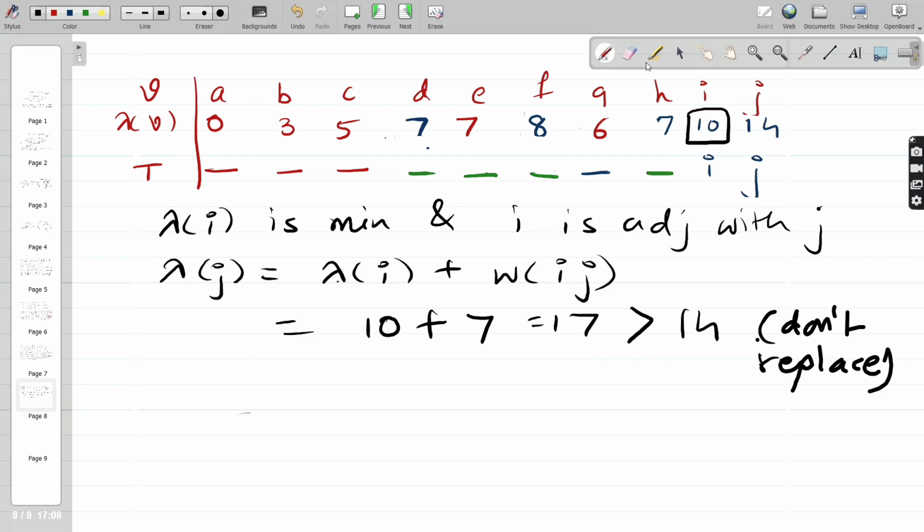So this is how all our labels are done now. And the 14th one is minimum. So this is the final table actually.